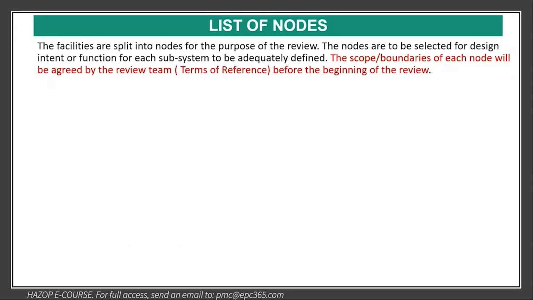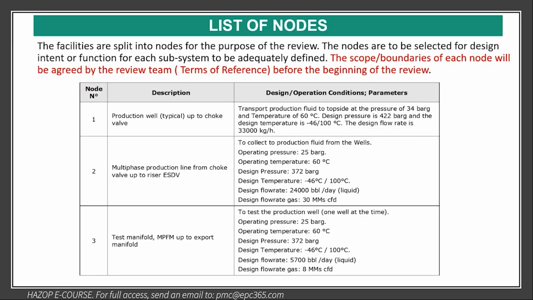The nodes should be agreed with the chairman, the contractor and the company, and the scope and boundaries for each node shall be agreed and written in the terms of reference before the HAZOP. So this is an example: a production well, typically up to the choke valve.